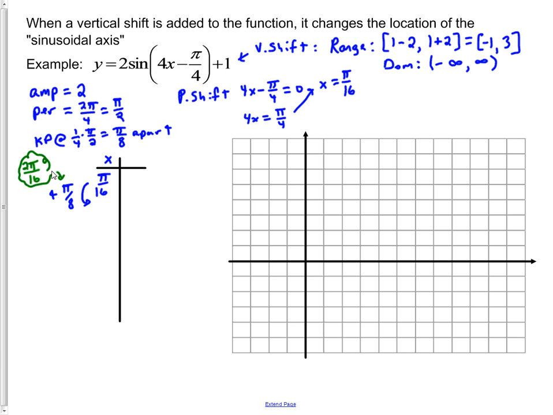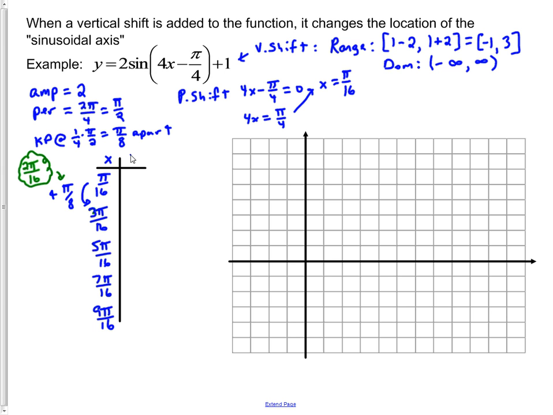So taking increments of 2 pi over 16 instead of pi over 8, pi over 16 plus 2 more pi over 16 is going to give us 3 pi over 16 as our next key point. Adding 2 pi over 16 again is going to be 5 pi over 16. Adding 2 pi over 16 is going to give us 7 pi over 16. And one more time, so we have a total of 5 key points within the cycle. That's going to be 7 plus 2, 9 pi over 16 within one cycle.